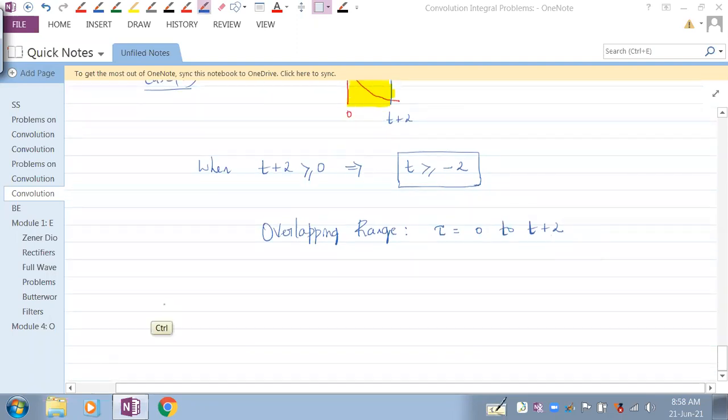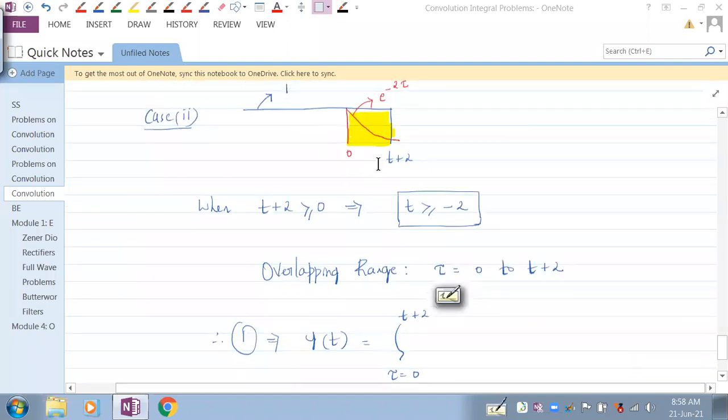Fine. So therefore equation number 1 implies that y of t is equal to integration, tau ranging from where to where? 0 to t plus 2, the overlapping range. In this overlapping range, the blue signal, that's the moving signal, is 1, and the stationary signal is e power minus 2 tau.